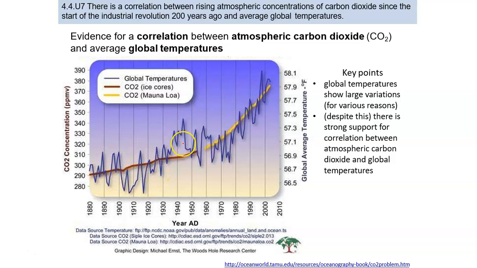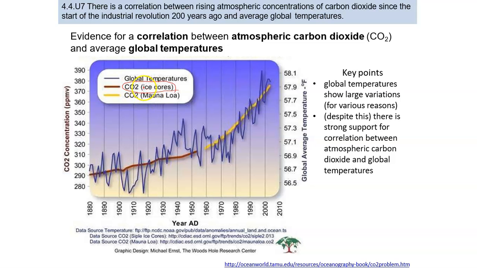This global temperature is going up and down, but still the average will increase. It supports the idea of a strong positive correlation between the increased level of carbon dioxide and the global temperature. And here is the data collected from the carbon dioxide inside the ice cores.